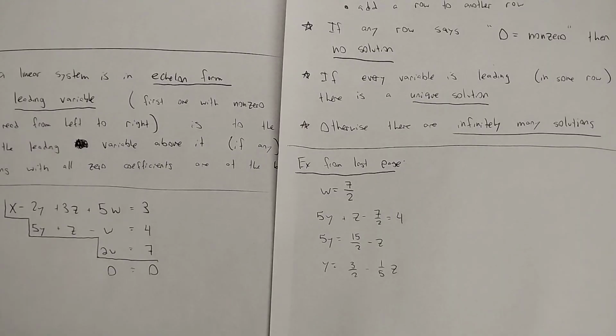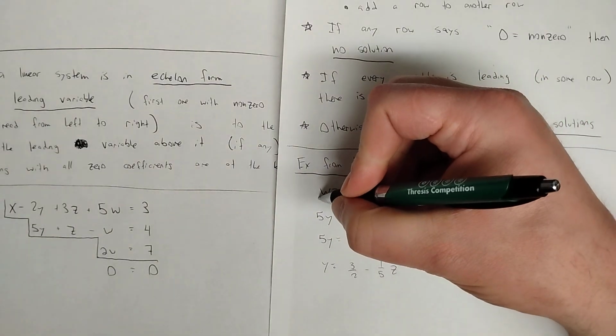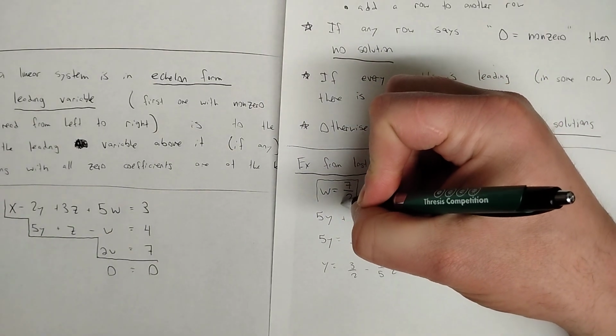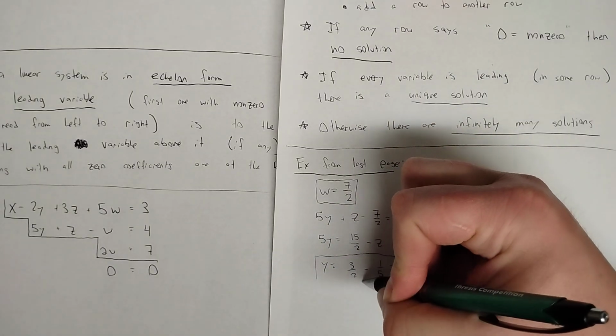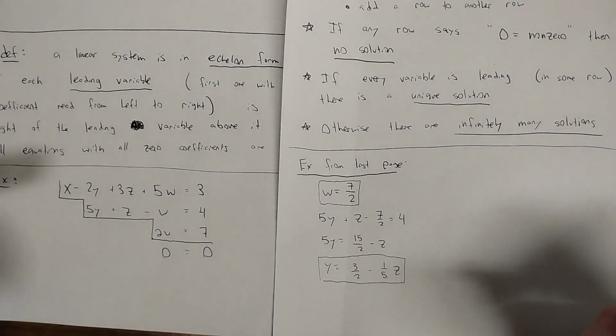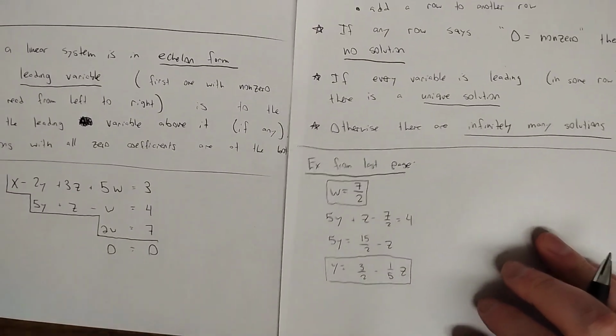So like I said, I'm solving for everything in terms of Z. W doesn't even depend on Z. I got a definite answer for W. Y does depend on Z. And I should be able to solve for X in terms of Z as well.